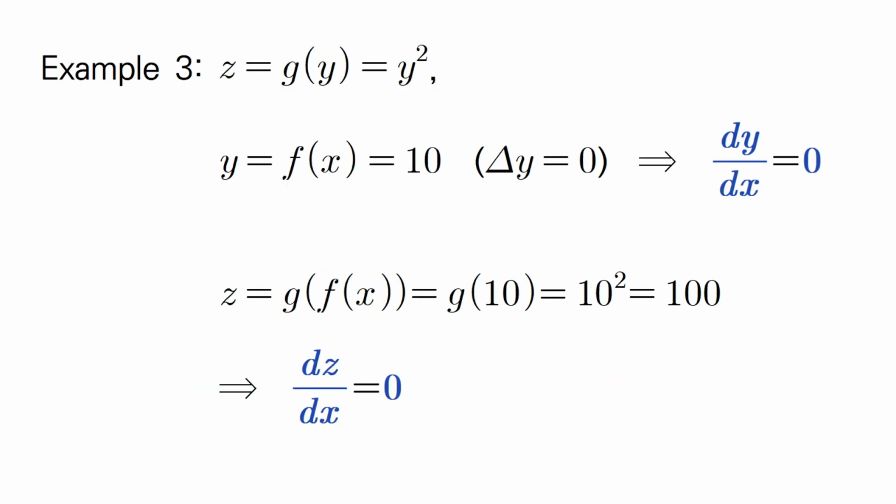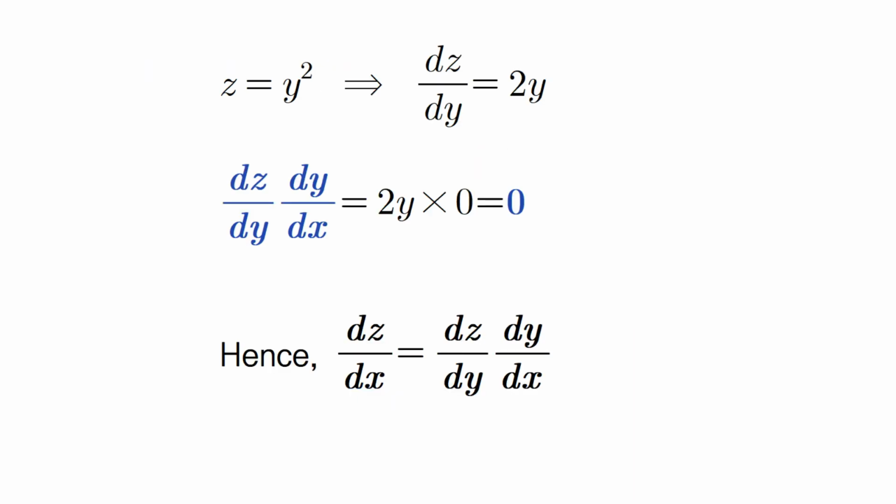Let's look at an example where delta y is 0. Suppose z equals y squared and y equals 10. In this case, since f(x) is a constant function, dy/dx is always 0. Expressing z entirely in terms of x, z becomes 100, which is a constant. Therefore, dz/dx is always 0.